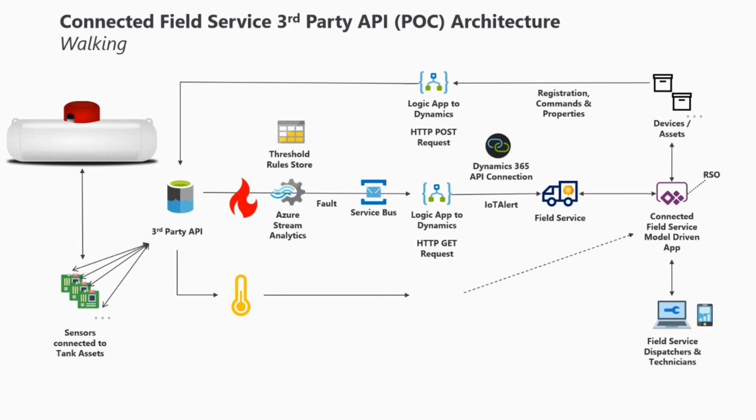Now, from this walk approach, we have proved that data can be manipulated by adding actions that are based upon faults that pass through the Azure Stream Analytics. And then using those actions, we could add an extra layer of value by allowing the work order to be automatically assigned and dispatched to field techs. And then using this data, we can start to build meaningful, useful reports using Time Series Insights.